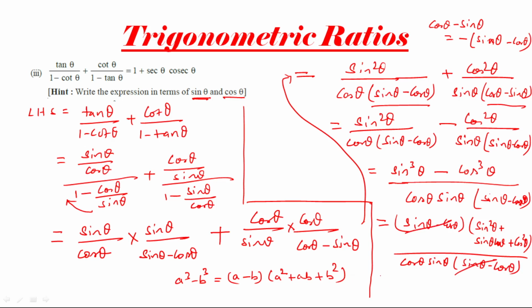Right? And now it will become sin square theta, so it is becoming sin square theta plus cos square theta, that will become 1, right?